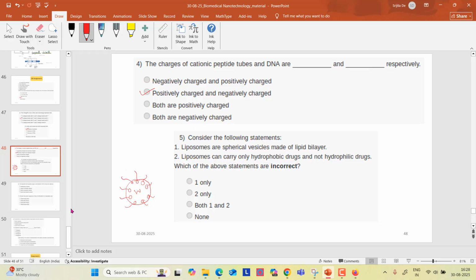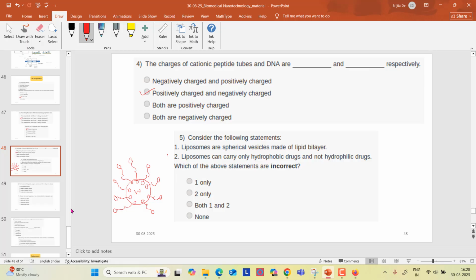And there will be another layer where they form like this, right? So this is your liposome. The first statement is correct, that liposomes are spherical vesicles made of lipid bilayer.